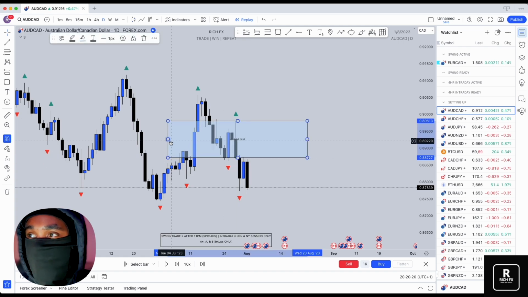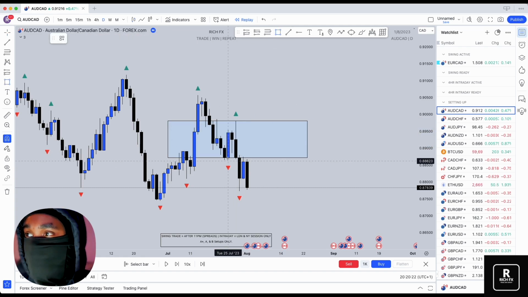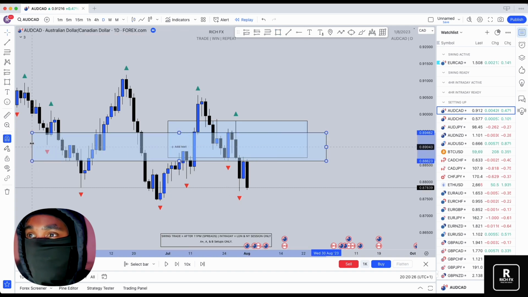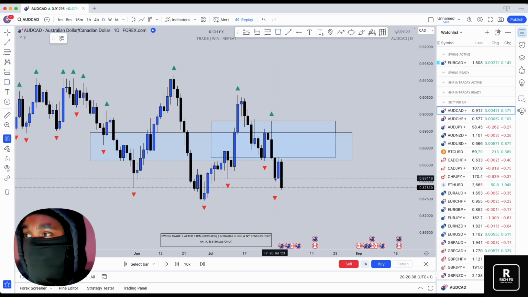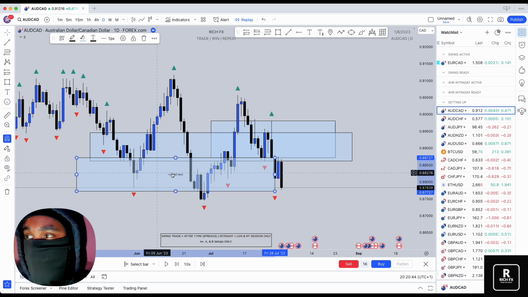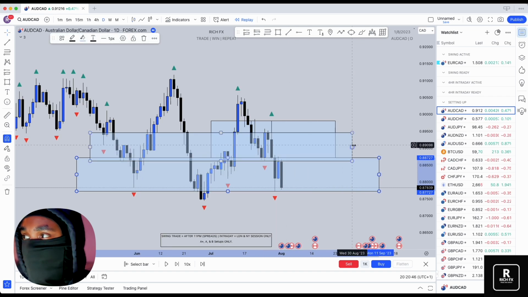So this area alone, if I draw another one here, it literally matches up. Look, what did price do previously? As it came down to this area, price acted as support, pushed back up, came back down, pushed back up a little bit, then broke below. As it broke below, guess what is responsible for that break below, but then also for the push back up? This fractal down here, right?